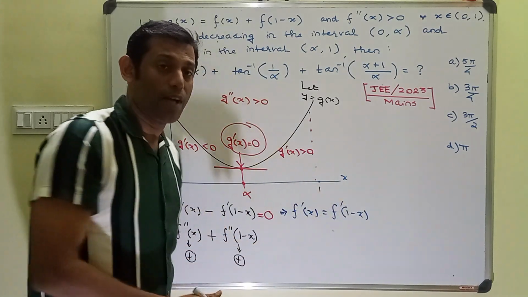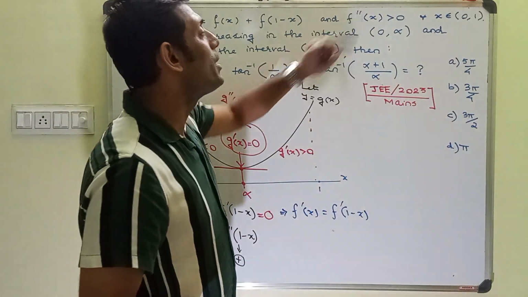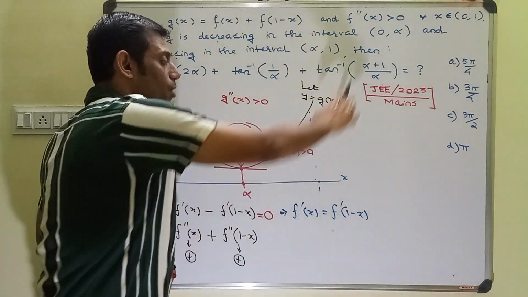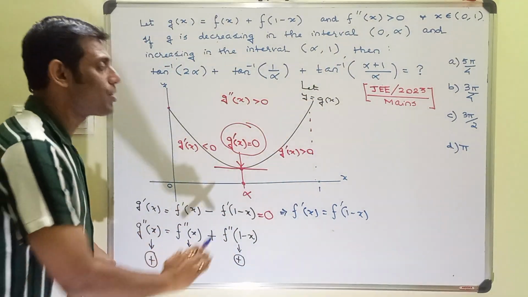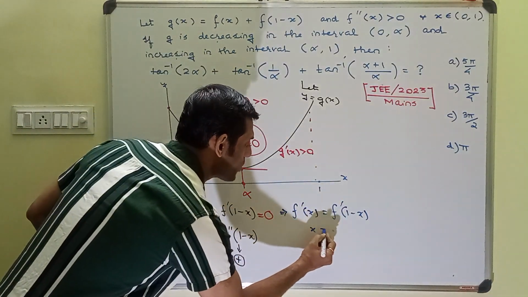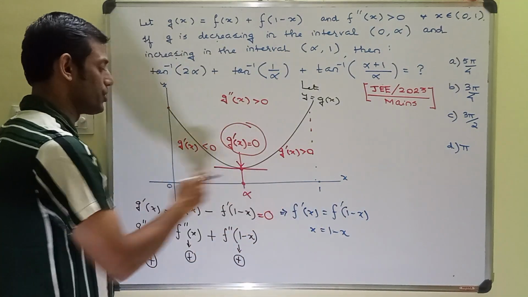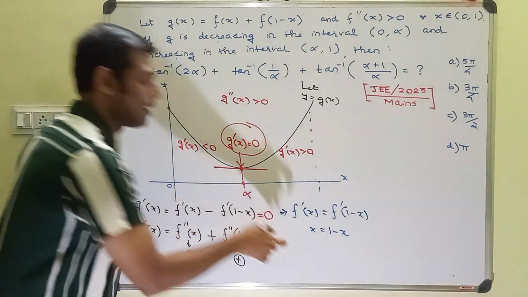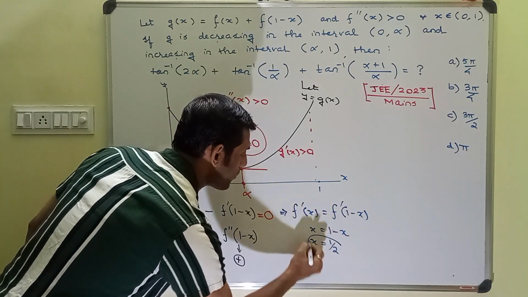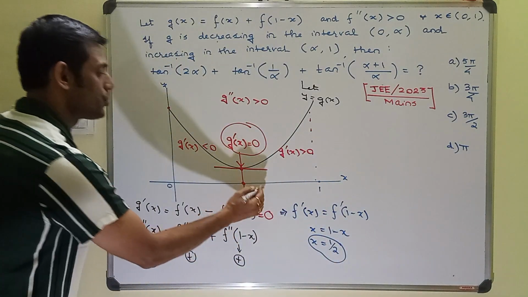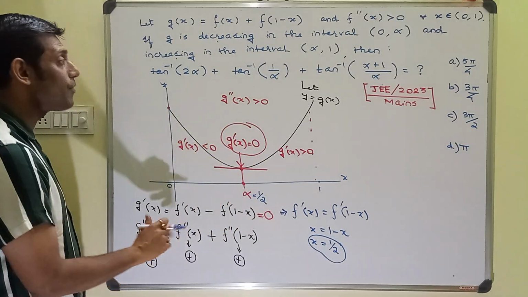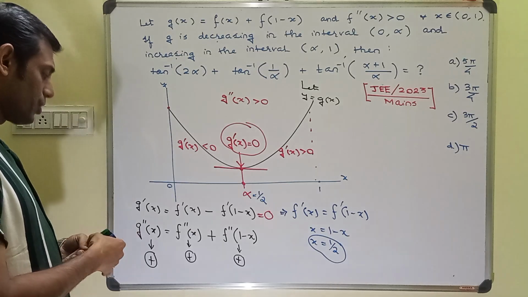Naturally, if f double dash is greater than 0, f is a concave upwards, or you can say opening upwards function, and this can happen only when x is equal to 1 minus x in this given domain. In that case, 2x equals 1, x equals half, and that means alpha is equal to half.